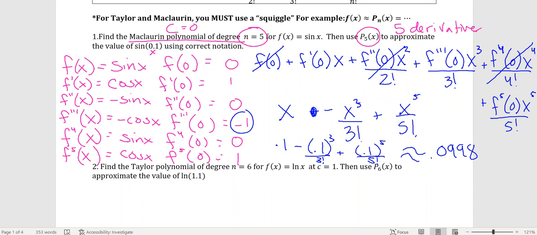Okay? So for number 2, we are finding a Taylor polynomial of the 6th degree, which means that you need to take the derivative how many times? 6, okay? You're doing that for ln of x. So go ahead and take the derivative 6 times.